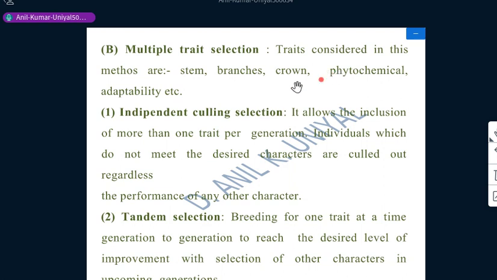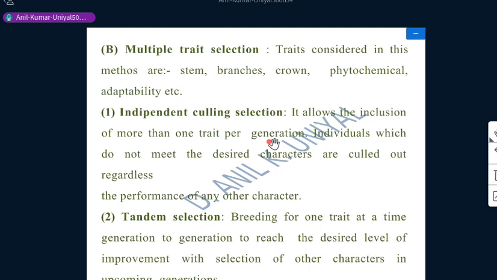Then we have to remove the individuals that have only good stem height, and they should be removed from that F1 nursery. Only individuals having both characters will be considered for growth or future selection among those F1. This is known as independent selection. Only the characters that are fulfilled will be considered for the future.